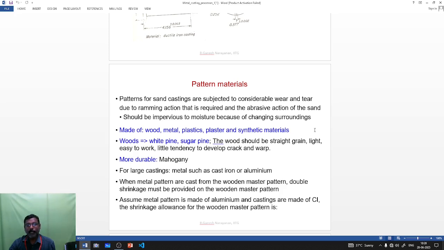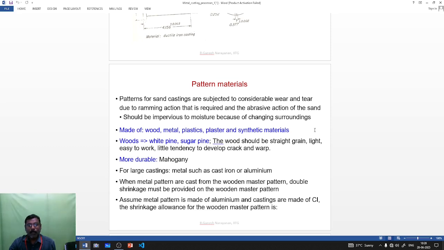Wood, metal, plastic, plaster and synthetic materials are used for pattern materials. The wood should be straight grain, light, easy to work, with little tendency to develop cracks and wear.